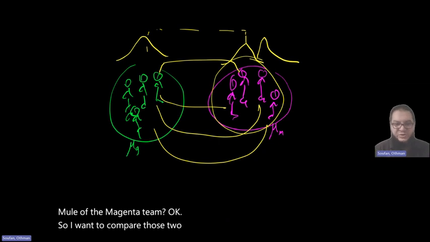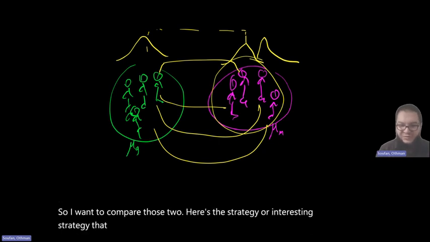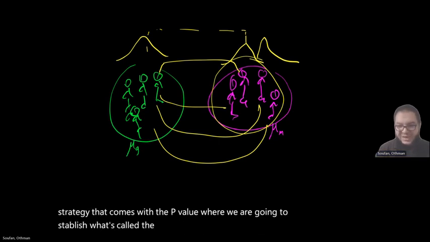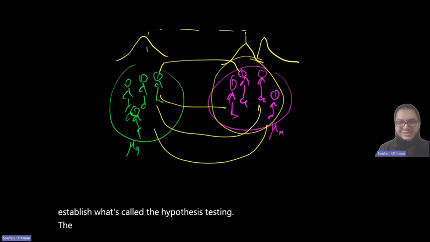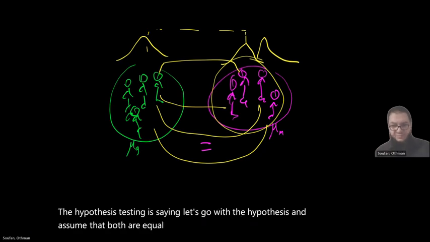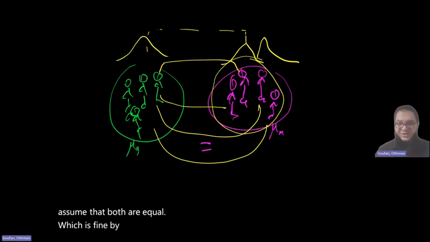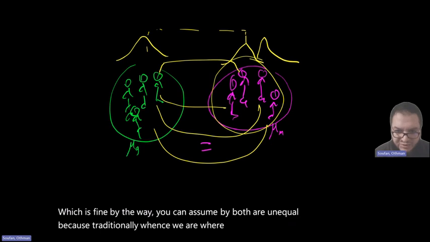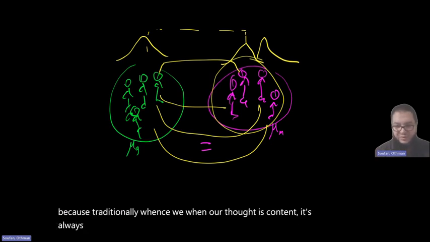Here's the interesting strategy that comes with the p-value, where we are going to establish what's called hypothesis testing. The hypothesis testing is saying, let's go with the hypothesis and assume that both are equal, which is fine. By the way, you can assume both are unequal, but traditionally, once we are taught this content, it always starts with the equal sign.